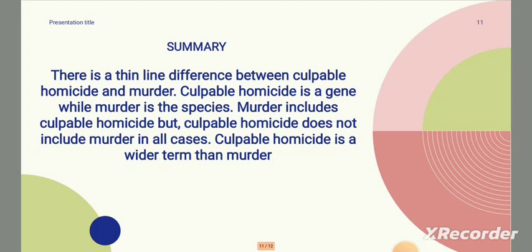To decide whether a particular act falls under the domain of murder or culpable homicide, first of all the act has to be ascertained, and then the intention and knowledge of the person who caused the death and bodily injury has to be ascertained. If the intention or knowledge is higher, then the case would fall under murder, or otherwise it would fall under culpable homicide.